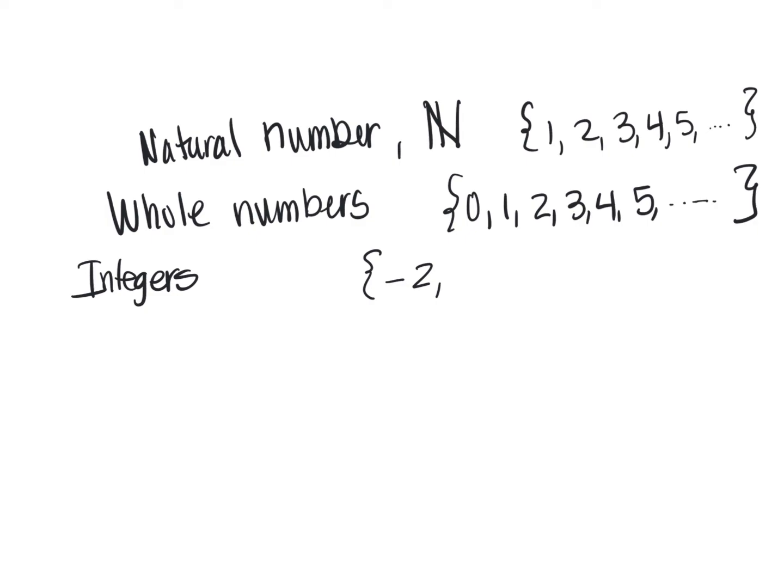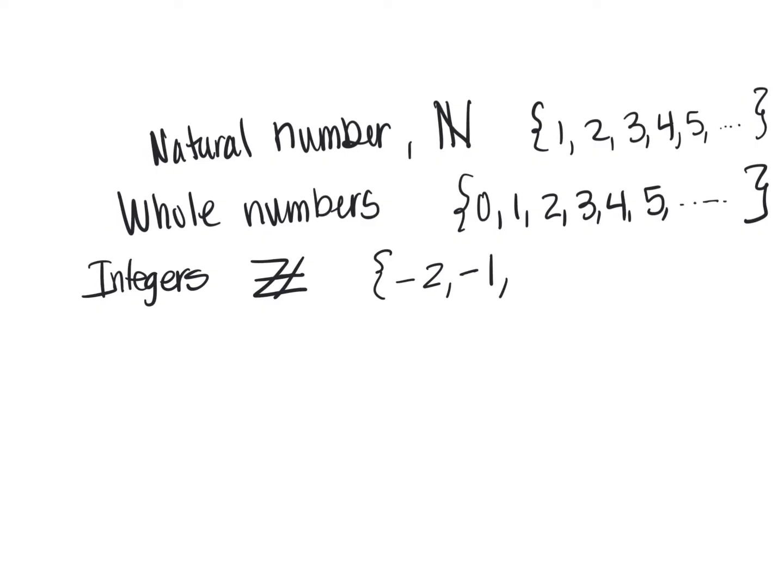In set notation, a lot of books will use a double bar Z, which harkens back to its Germanic roots. So again, this is all the negative and positive whole numbers.